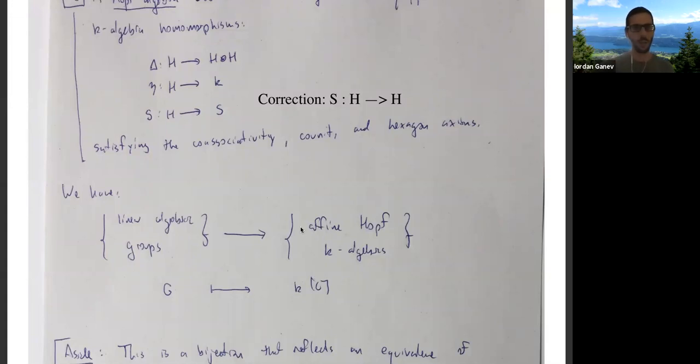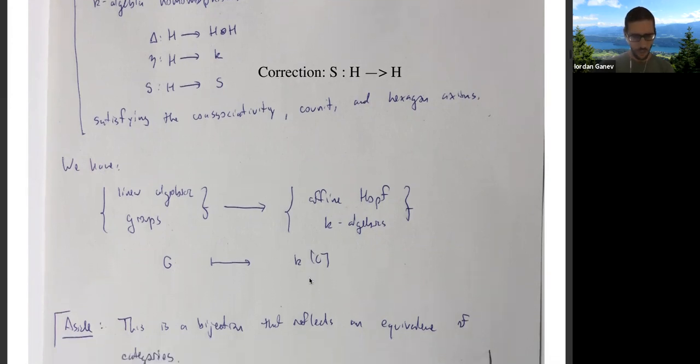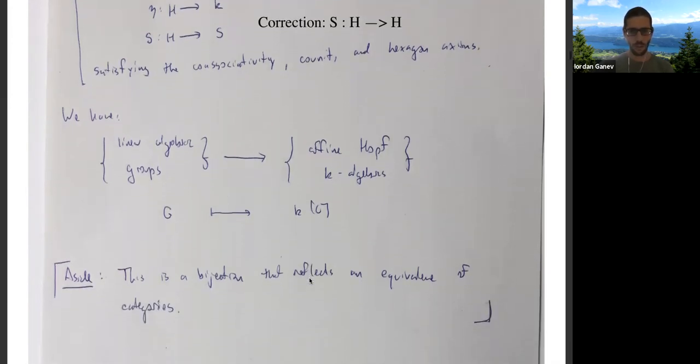If you have an affine K algebra with a Hopf structure with these maps, then because it's an affine algebra, there's an associated algebraic set. That algebraic set gets the group structure from these maps. So that's why this is actually a bijection. And for those of you who like category theory, this is an equivalence of categories.